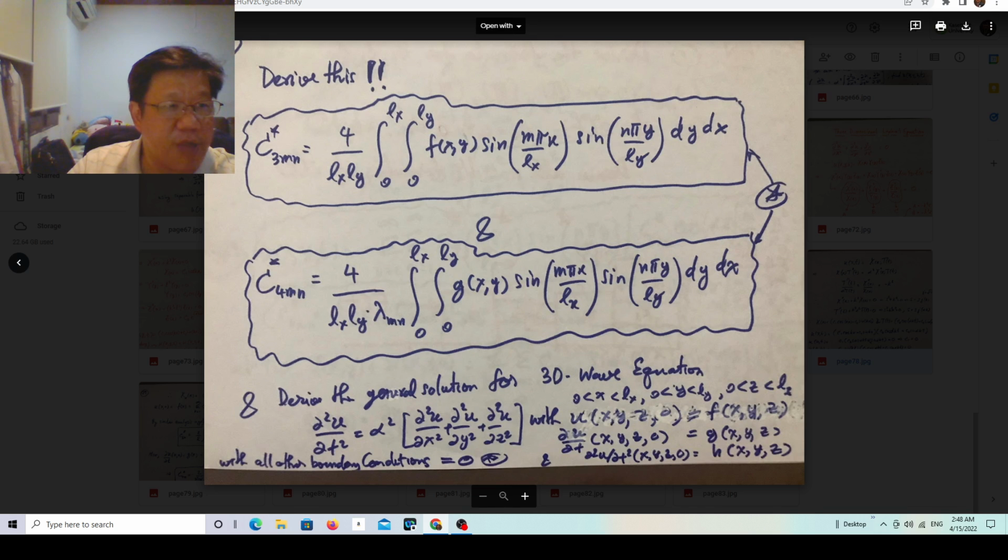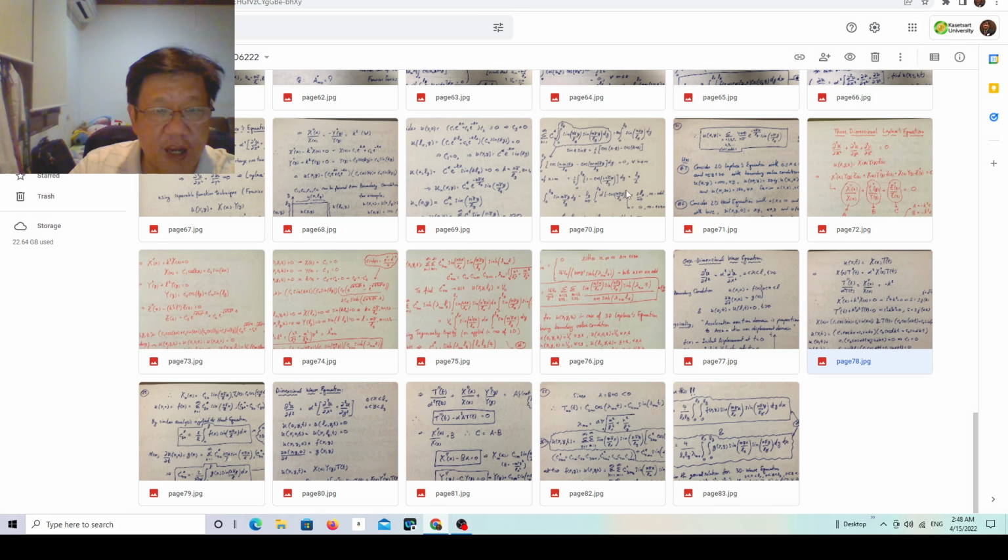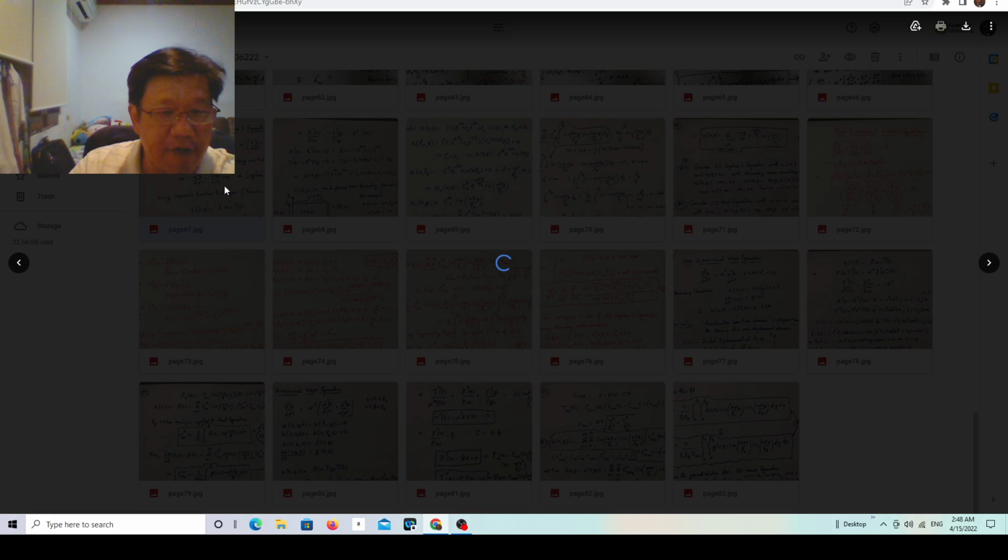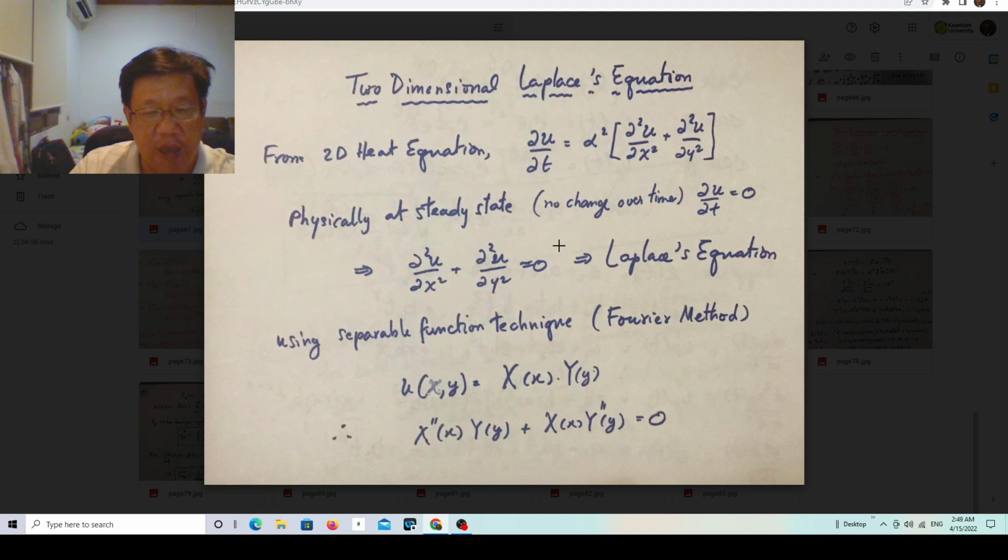I'll give you an example of when the particular solution comes. Suppose for the Laplace equation here, the right-hand side is not zero, but becomes a specific function, maybe a special function h of xy. For example, h function of xy is a non-zero right-hand side.